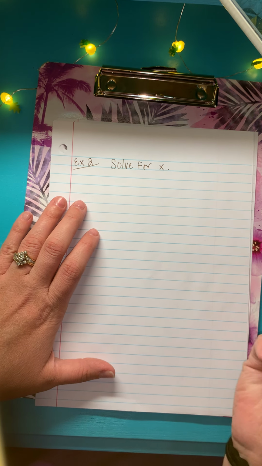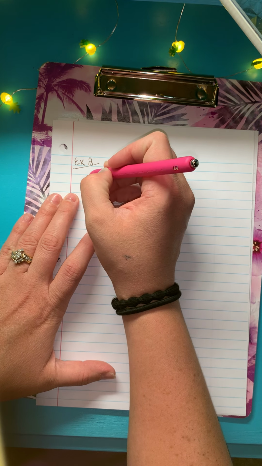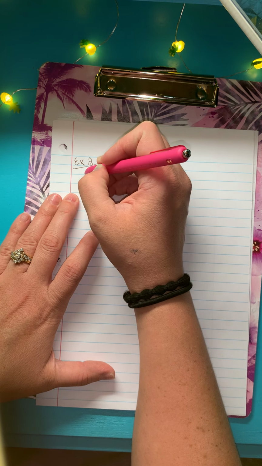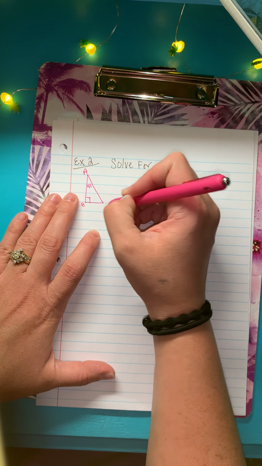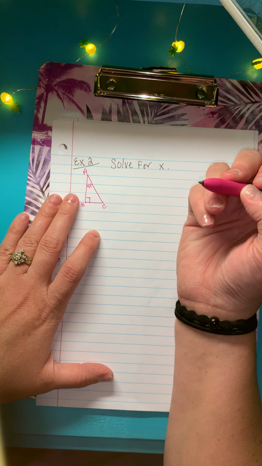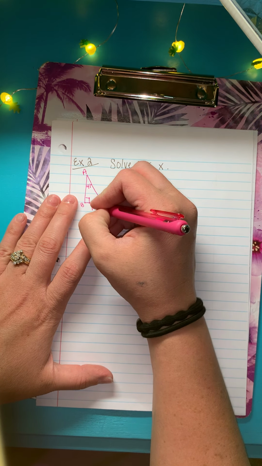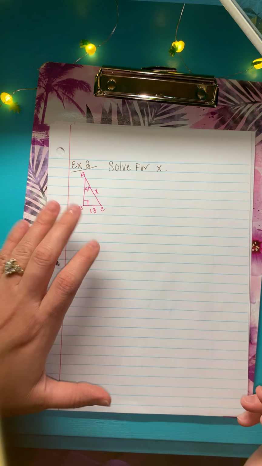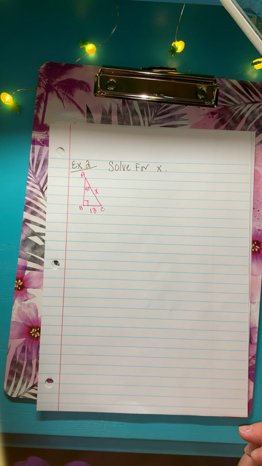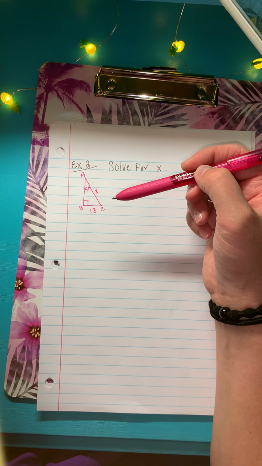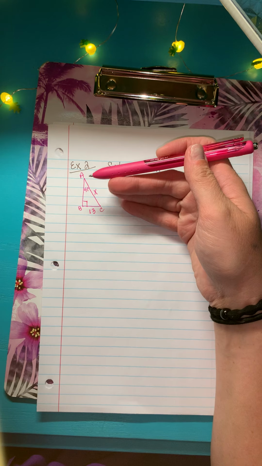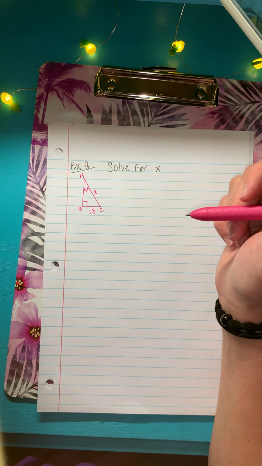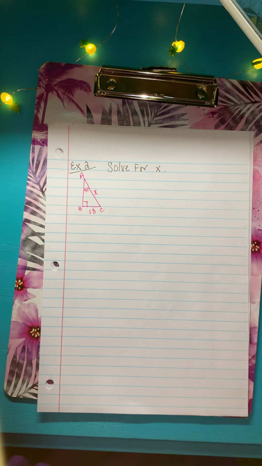So given a triangle, I got a 41, and then let's see, I'll give you a 13 down here, and we'll look for this. All right, so I am looking for x. Well, this looks nothing like what we just did. So then you think, wow, where do I even go from here?